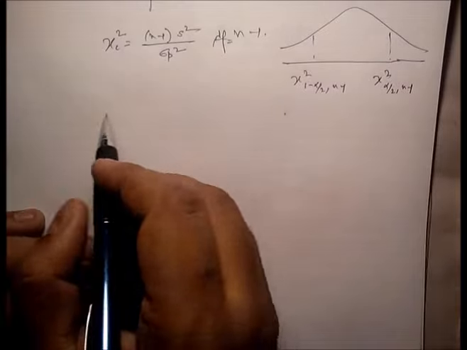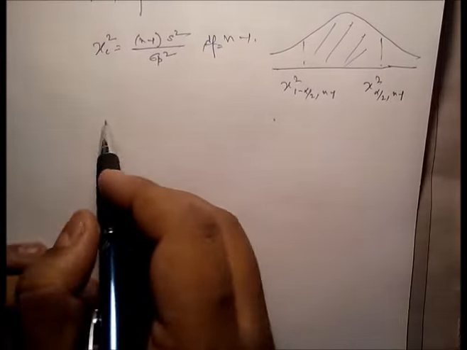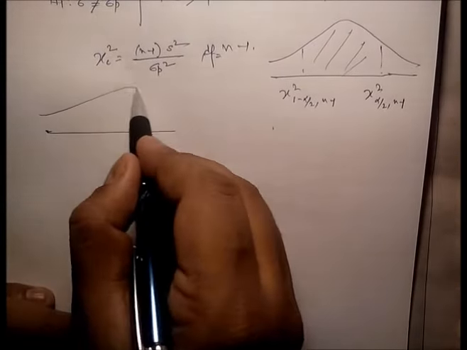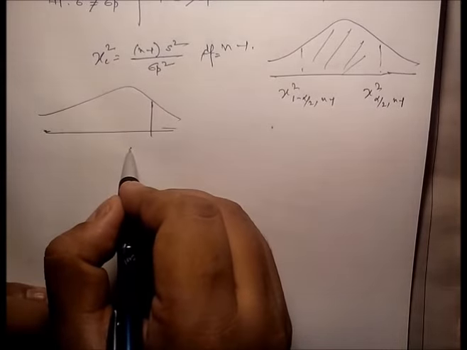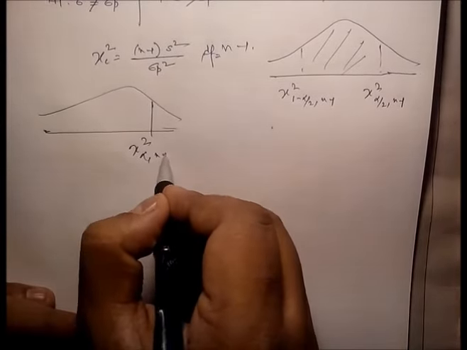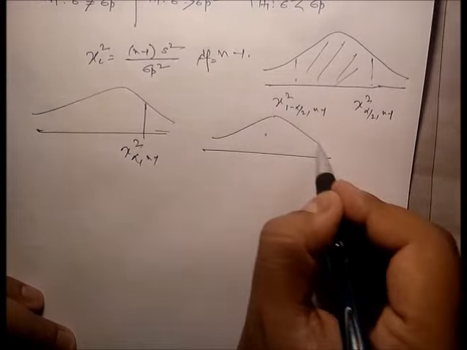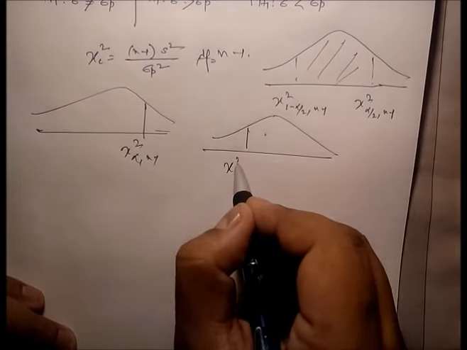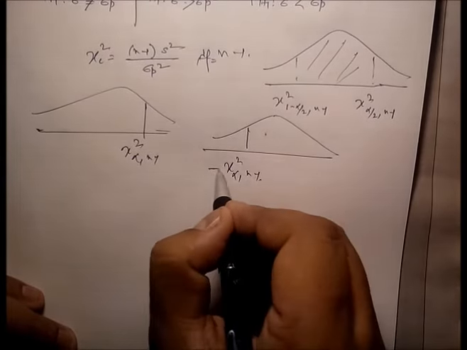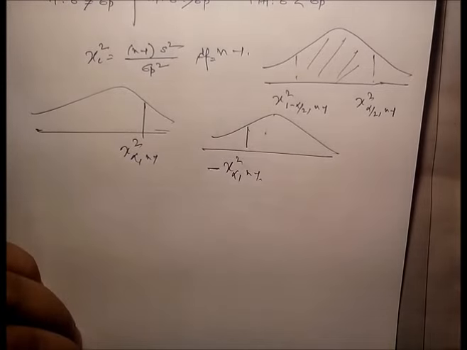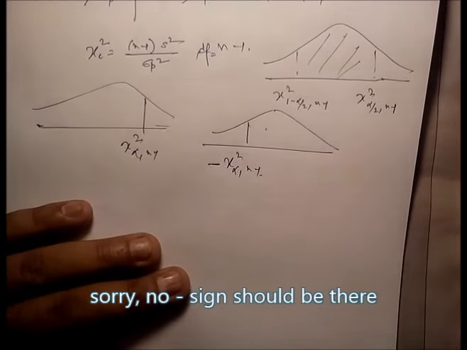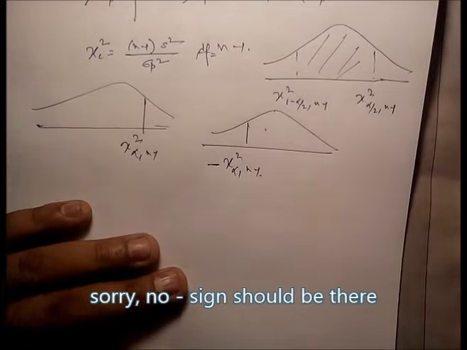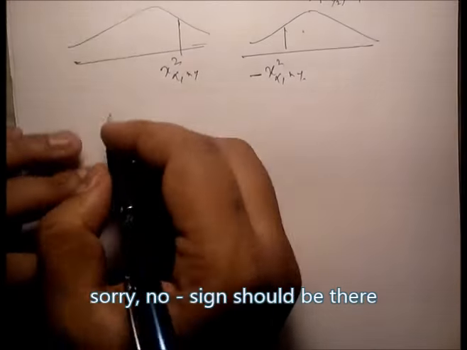So this is the acceptance region. And if it is a right-tailed test, then the table value is chi-square alpha, n minus 1, and if it is a left-tailed test, it is chi-square 1 minus alpha, n minus 1. Okay, confidence interval.